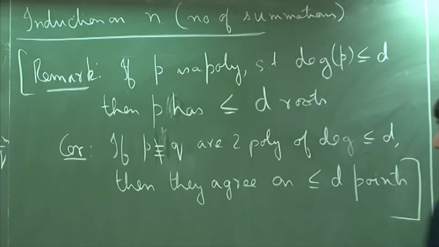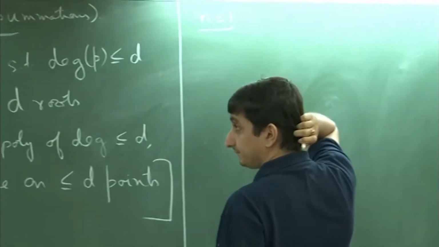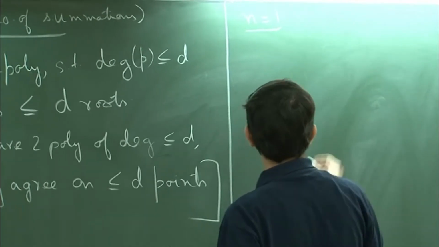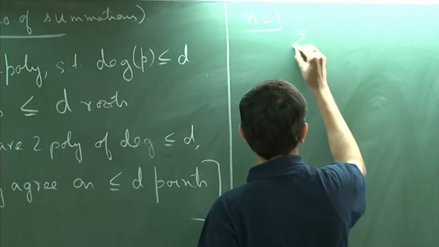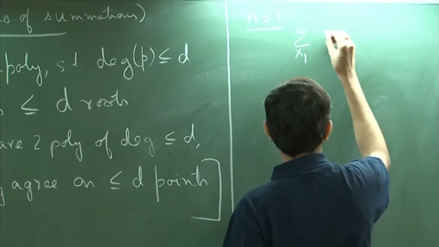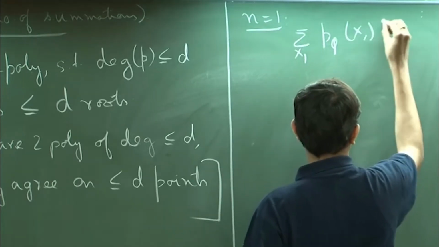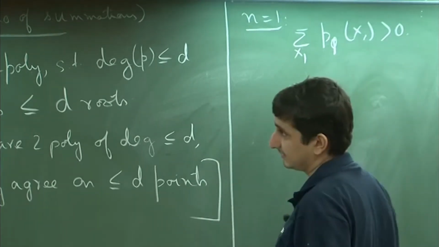Okay, so let us come back to the proof of the claim. We induct on n. Suppose n is equal to 1. Okay, so what we have is sigma x1 phi(x1) is greater than 0.